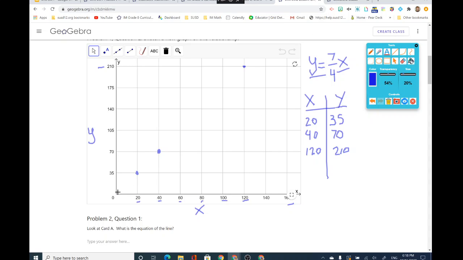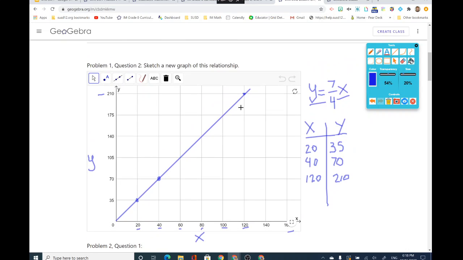If I have plotted them correctly, I can draw a line through the points. Great, so I know I didn't make a mistake. They all fall on the line. Okay, I did it. It says sketch a new graph of this relationship. So even when you change the scale, the linear equation, or another name, proportional relationship, it still fits on this scale. You have to just make a table of your values and plot the points on there.